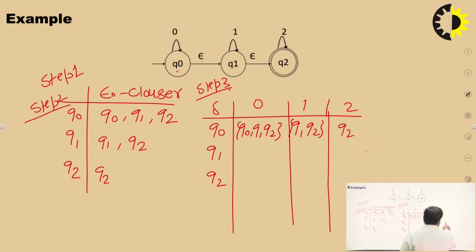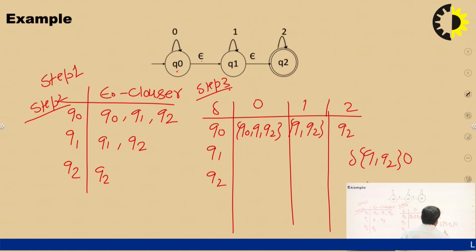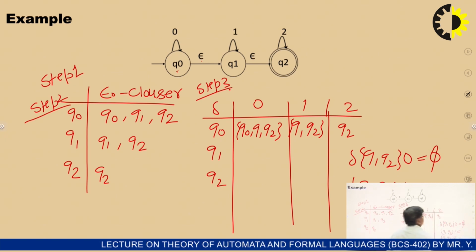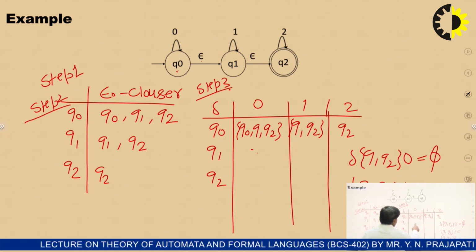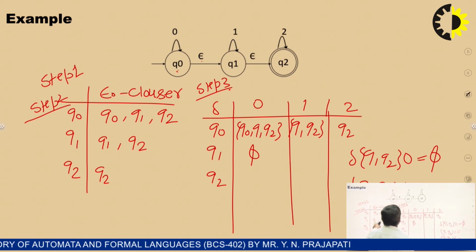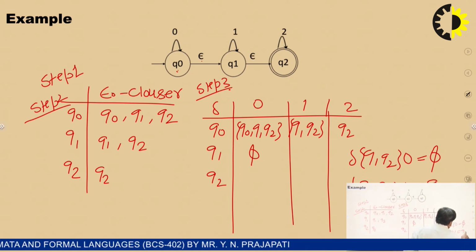What is the Q2 closure? That is Q1, Q2, and we check the transition on 0. For Q1, Q2 we check the transition on 1, and on 2. For Q1, Q2 on 0 there is no transition available, so here is phi. On 1, Q1 gives Q1, and for Q2, on 1, no transition is available.